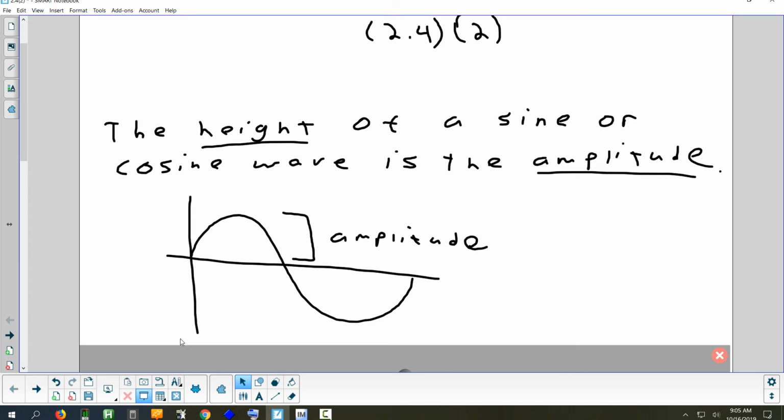Heights are always what kind of number? Can anybody think about a number that, if I told you this number, there's no way it could be a height? Because, yeah, negative numbers can't be heights, right? So there's no such thing as negative amplitude. Okay, amplitude is always positive.